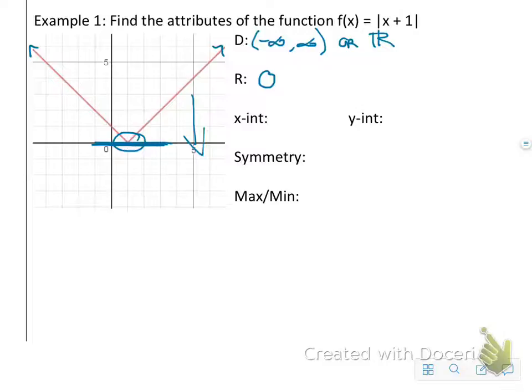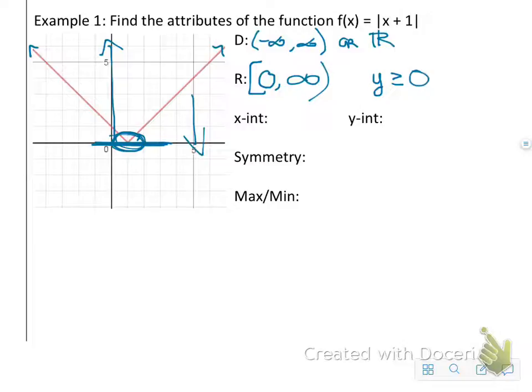Is there an open circle there? So it gets a bracket, and we're going up forever and ever, which means it's going to infinity. Now, if you were going to write that as an inequality, you would say that y is greater than or equal to 0, because y is, in fact, always, always, always greater than or equal to 0.